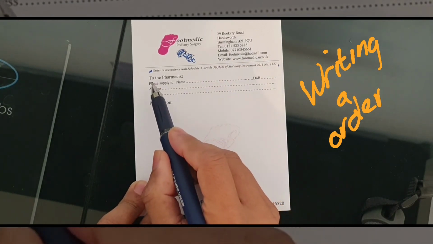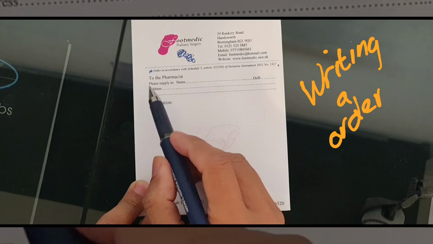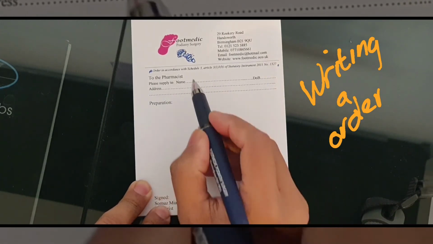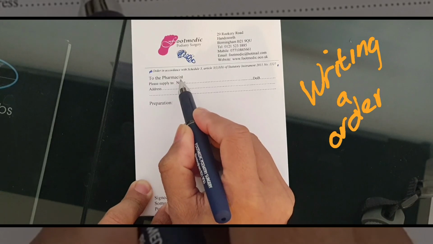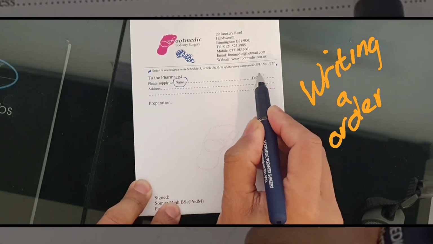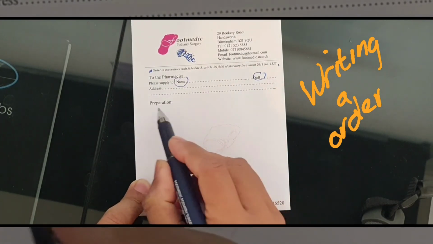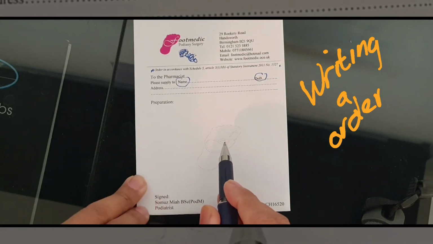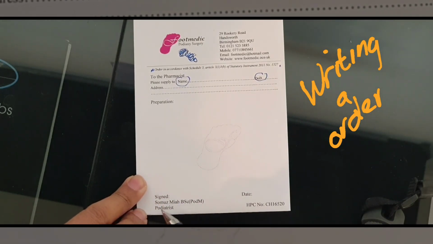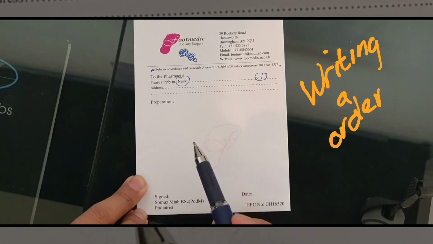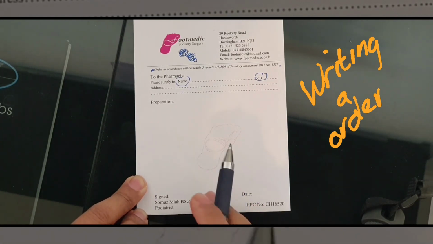I also put a note to the pharmacist, you could leave it out, but I put there, please supply. Make sure patient name is there, patient date of birth, patient address, and the preparation. Also, you need to have your name, a date, and your HCPC registration number, so at least the pharmacist would know that you have the right to write a written order.